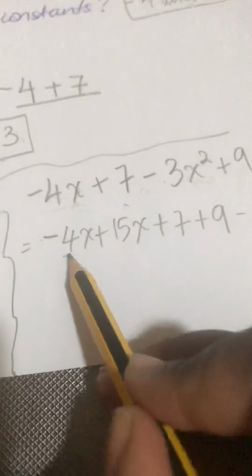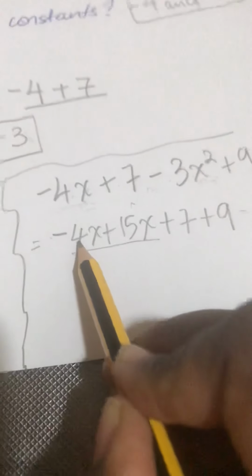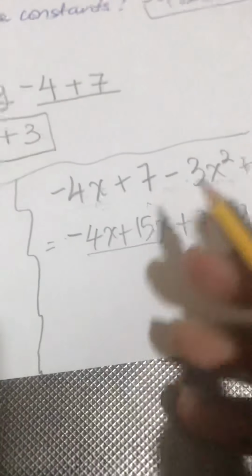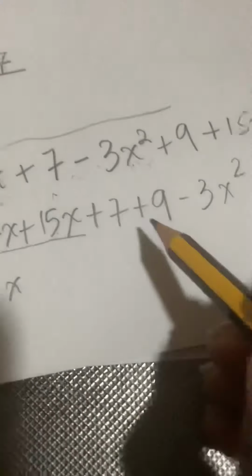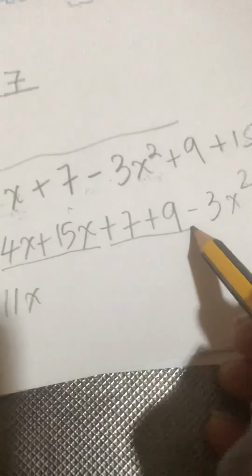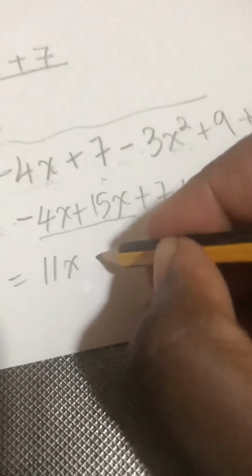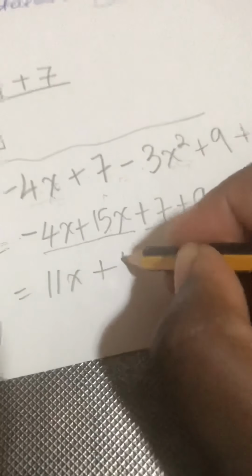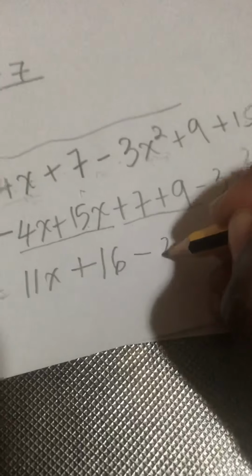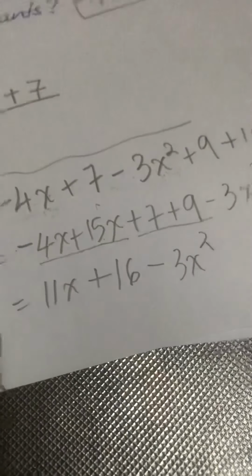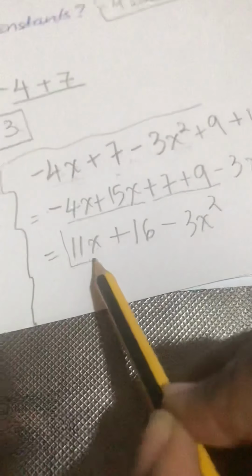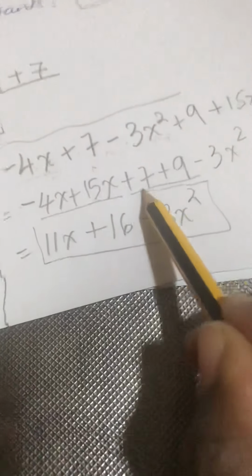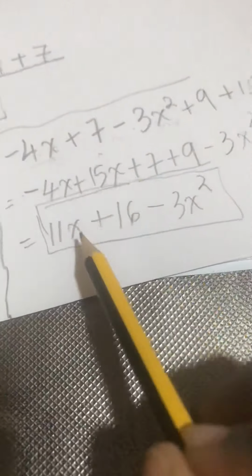Now I will do this. Negative 4x plus 15x is 11x. Positive 7 plus 9 will be plus 16. And this becomes negative 3x squared. So this is the answer.